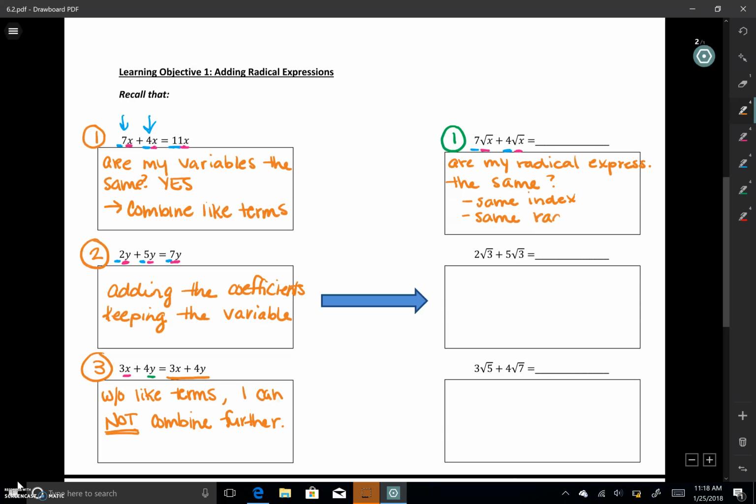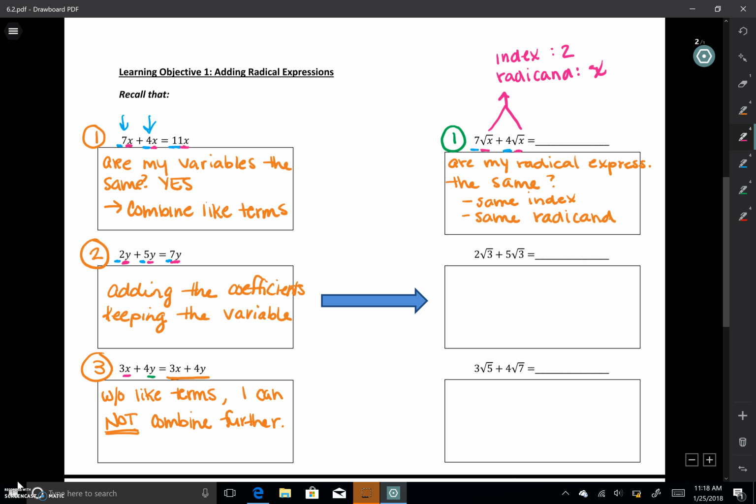And in order for the radical expressions to be the same, I need same index and same radicand. So in both of these cases, my index is 2. Because again, even though I don't see a little number, I know that that means the square root. And also my radicand in both cases is x.